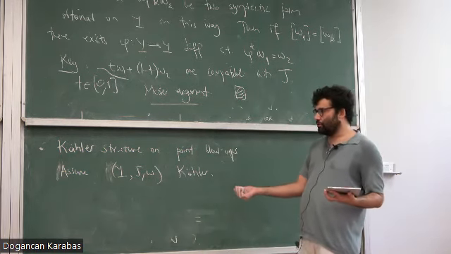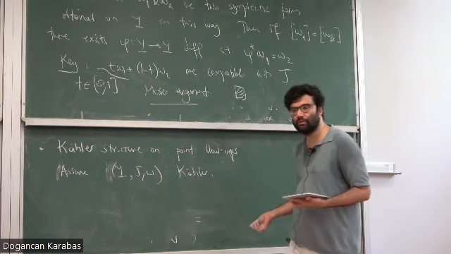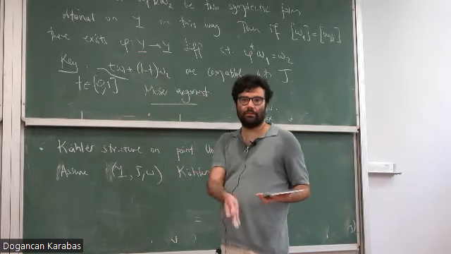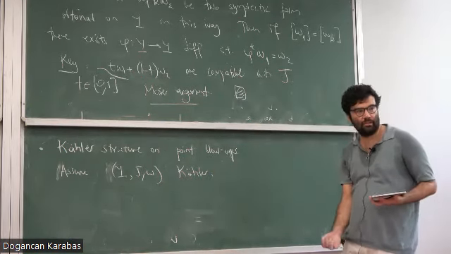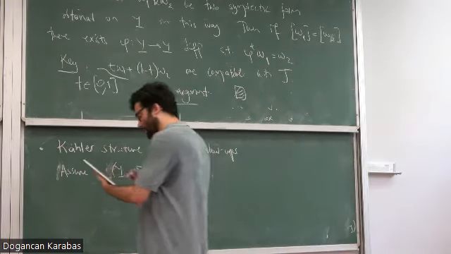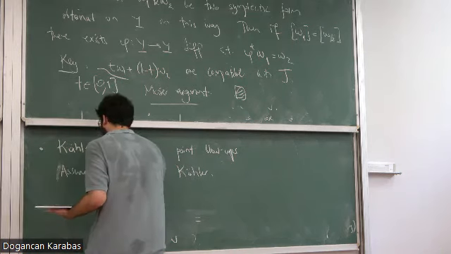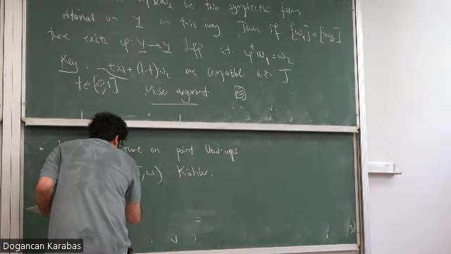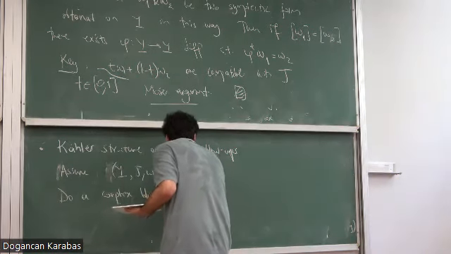You take a point in that complex manifold and blow it up as a complex submanifold. You replace that point with the projective space of complex directions coming into this point. So do a complex blow-up at a point.